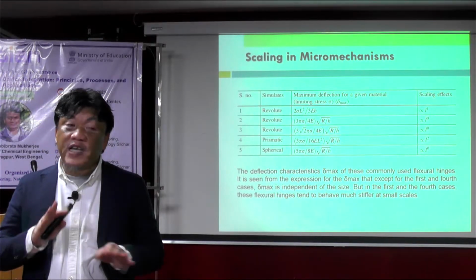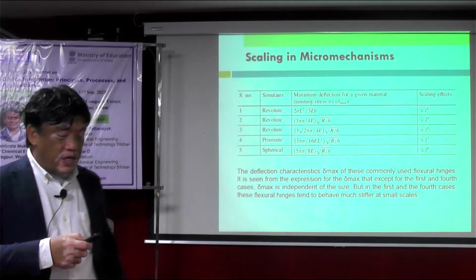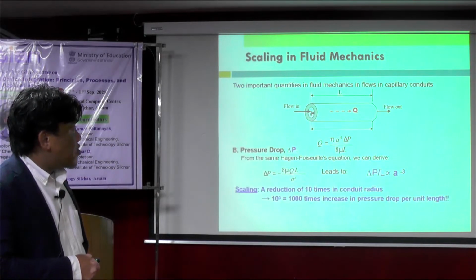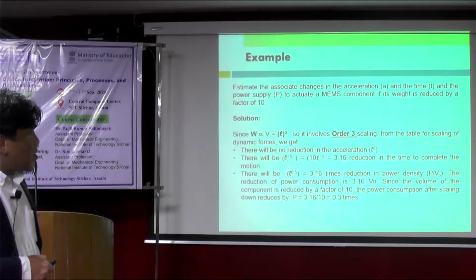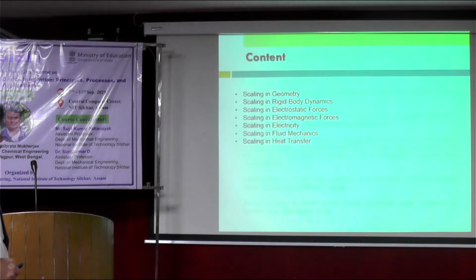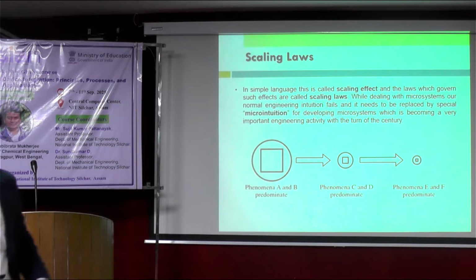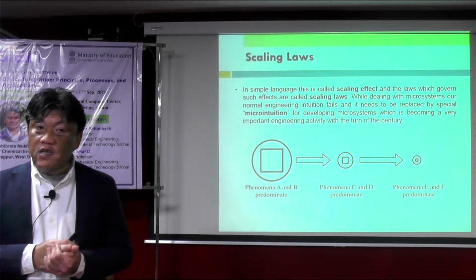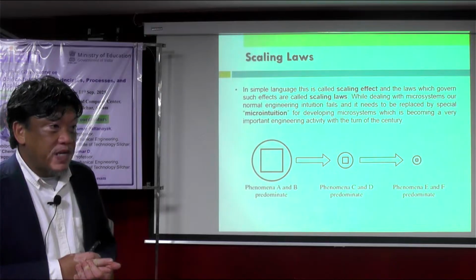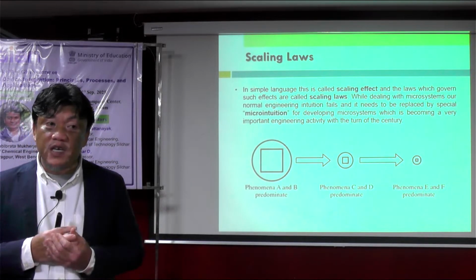So it varies. It depends on the phenomena that we look before. So here it's not just about reduction of certain behavior, but at certain size, it will have different phenomena that predominate the property. So if certain property predominates at certain size, it will change the behavior.